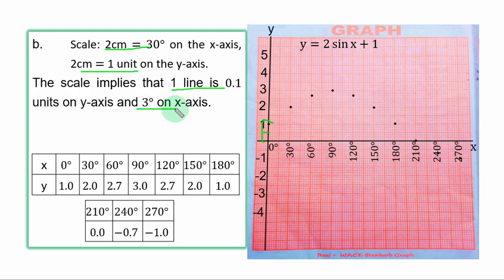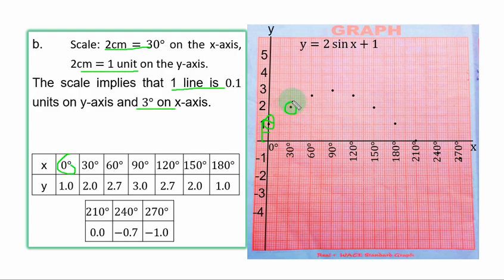Next thing is to plot. When x is 0 degrees, y is 1. That is the origin here. You plot that point directly on the y-axis. When s is 30 degrees, y is 2. Easy to locate.